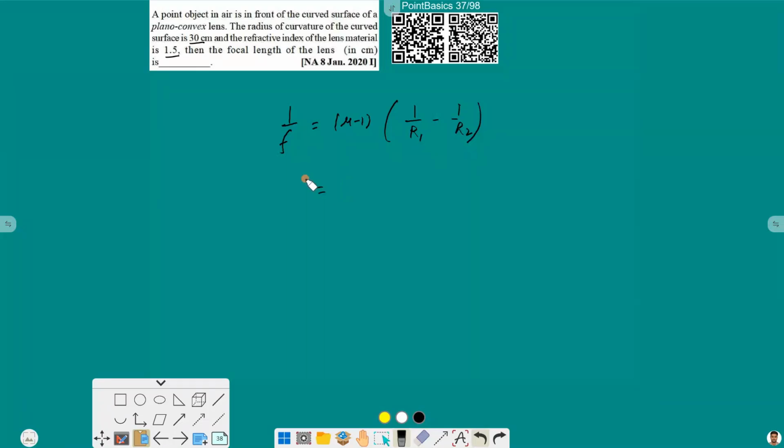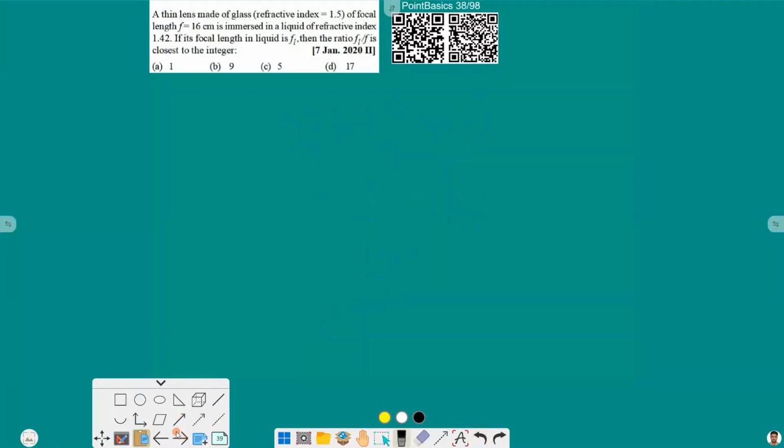So here we have the refractive index 1.5, so it will be 0.5 into 1 by infinite, assuming r1 to be infinite, and r2 be negative, so minus of negative 30, and this will give us 1 by 60 centimeter. So focal length will be 60 centimeter here. It can be either positive or negative depending upon the shape we take. Now let us move ahead.